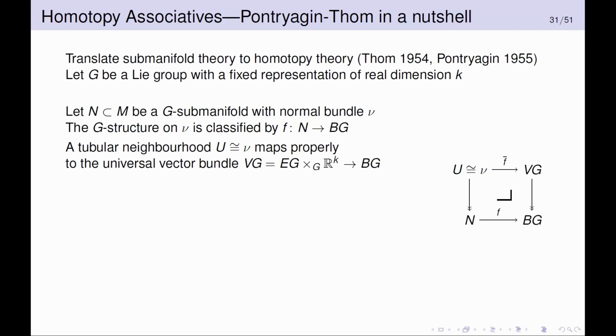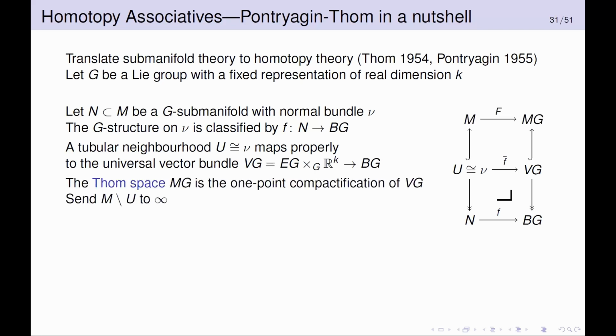And in the next step, we take a tubular neighborhood of our submanifold and identify that properly with the pullback of V_G. So now we have this map F bar from U to V_G. It's proper. So if we go to the boundary of the tubular neighborhood, then we go to infinity in V_G. And this means we can add one more point to V_G. So M_G is the one-point compactification of V_G now.